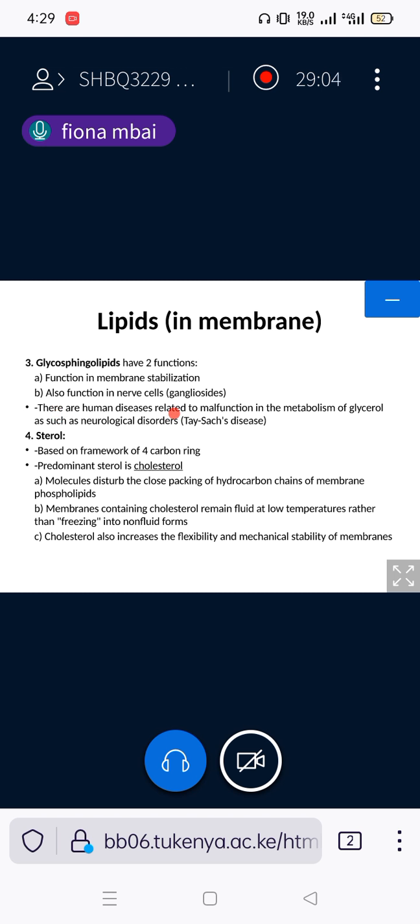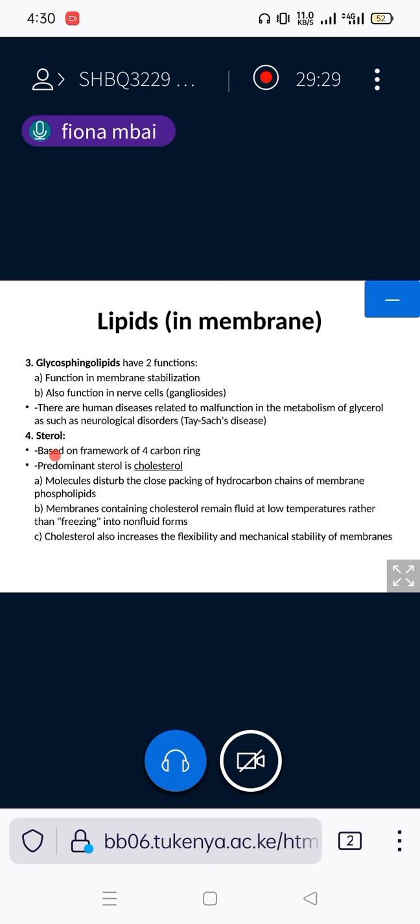There are human diseases which are related to malfunction in the metabolism of these lipids, such as neurological disorders such as Tay-Sachs disease. You know, those people who blink uncontrollably, and there are several other physiological ways to tell when someone has Tay-Sachs disease.